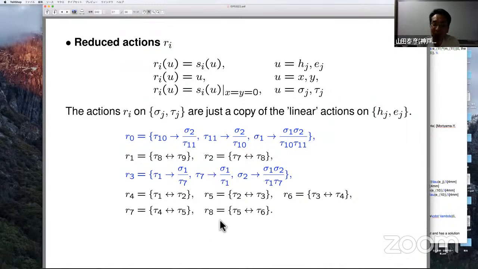And the reduced action is essentially the linear action. Such linear action determines all the structure, and the full representation can be recovered from this reduced linear action.